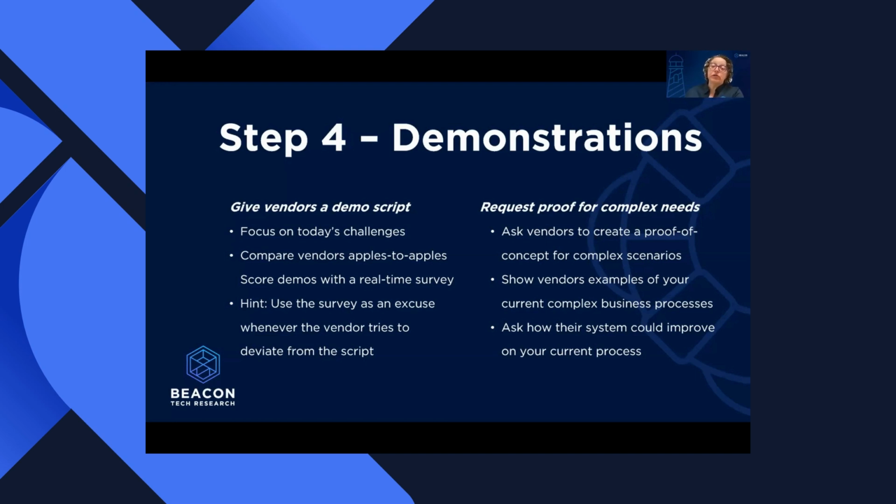So I would also suggest, going back to that point about tabling it for later, if someone starts asking about a complex process, the vendor is going to want to dig into it. If they show you something and it's not sufficient, you say, well, that doesn't really work, and they're going to say why, and you're going to start getting into a sort of requirements gathering with them, and that's great.